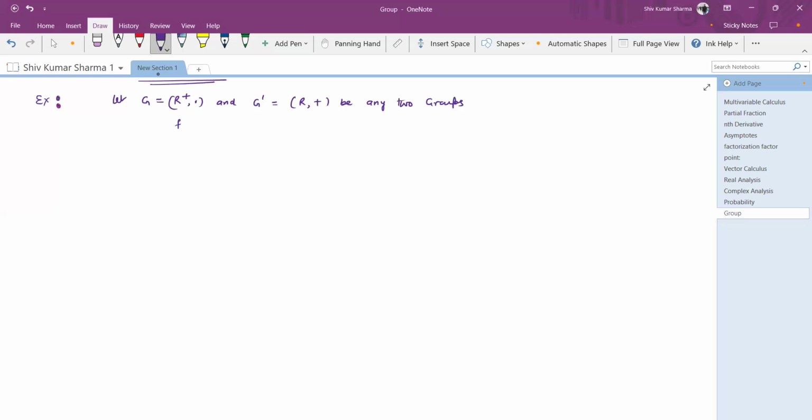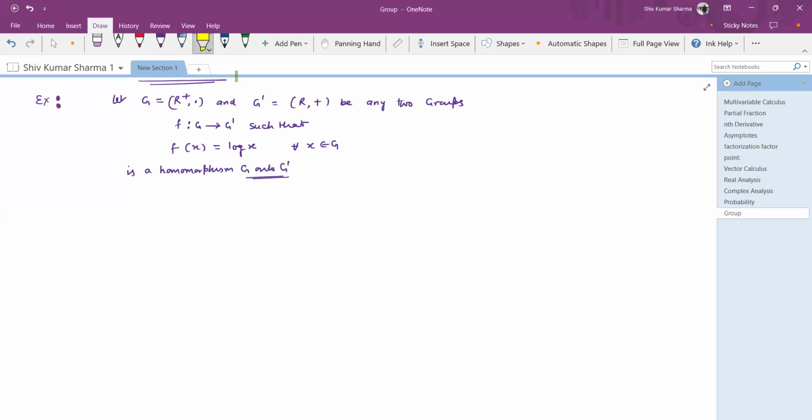We define a function f from G to G dash such that f of x is equal to log x for every x belonging to G. Show that f is a homomorphism of G onto G dash.